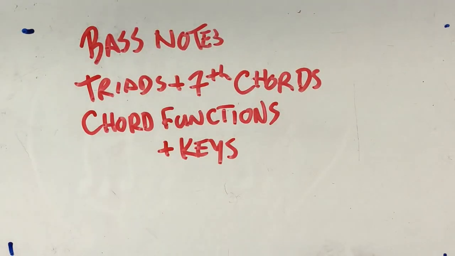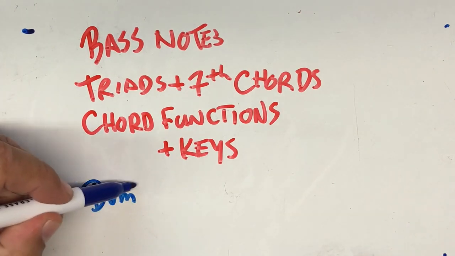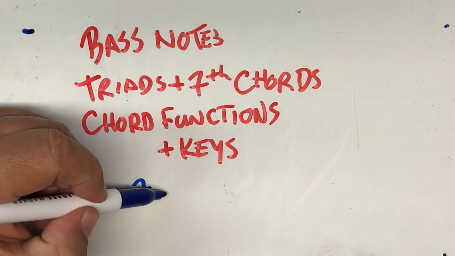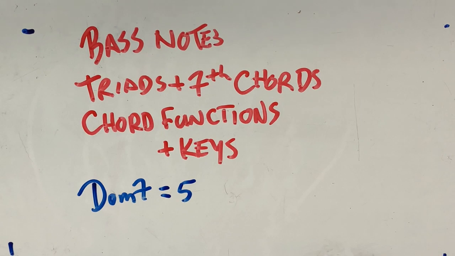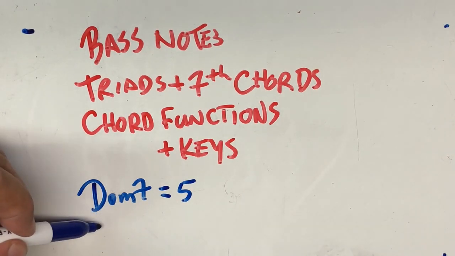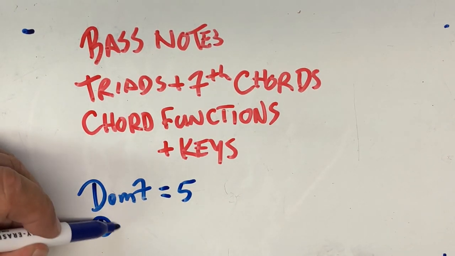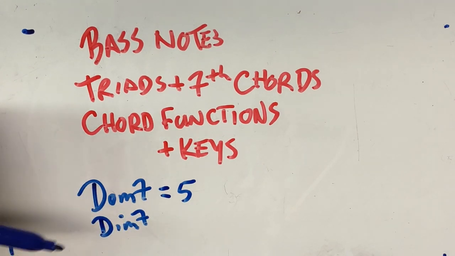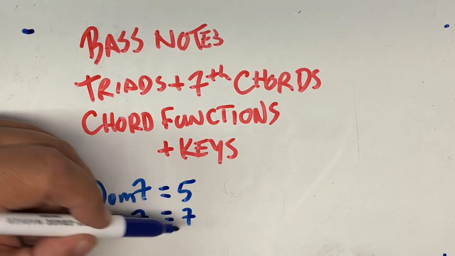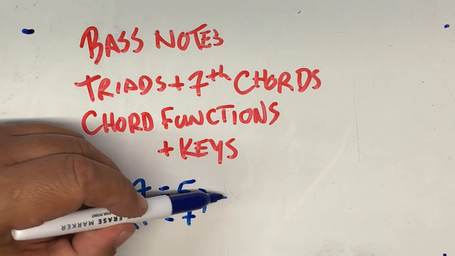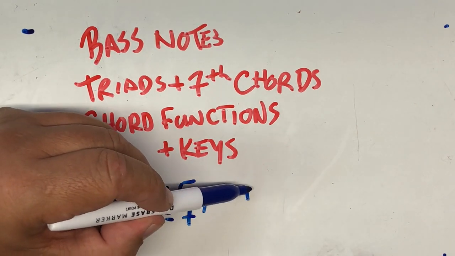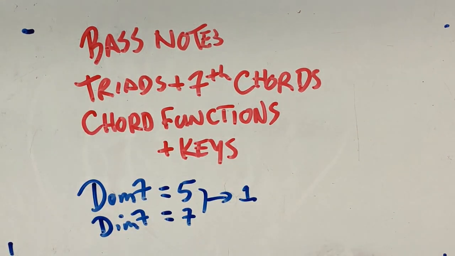Before we start that, I just want to remind you of a couple things. If you see a dominant 7 chord, that equals a 5 chord. And if you see a diminished 7 chord, that usually equals a 7 chord. And both of these guys' job is to point us to number 1, okay?